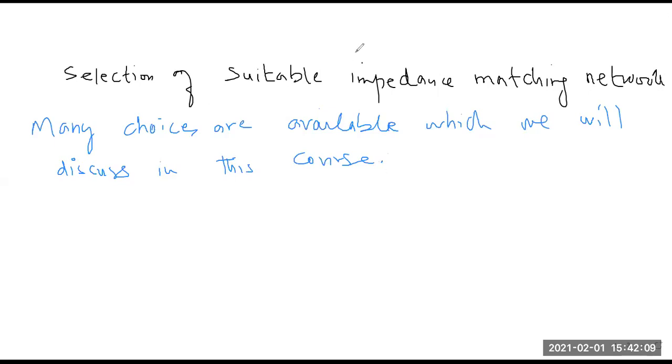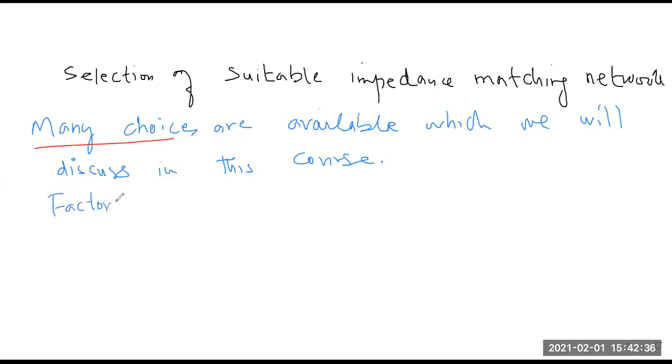Now, if a number of choices are available, so as a microwave engineer, which particular choice will you select? What are the factors which you take into account during your selection criteria?